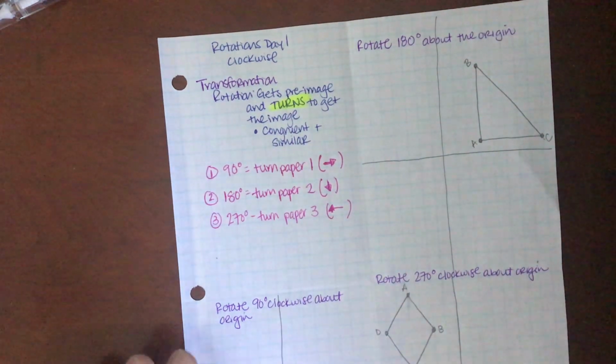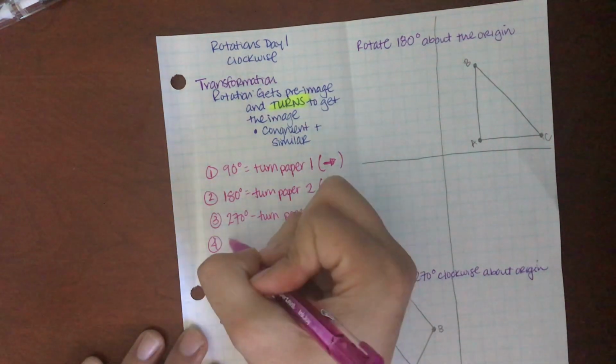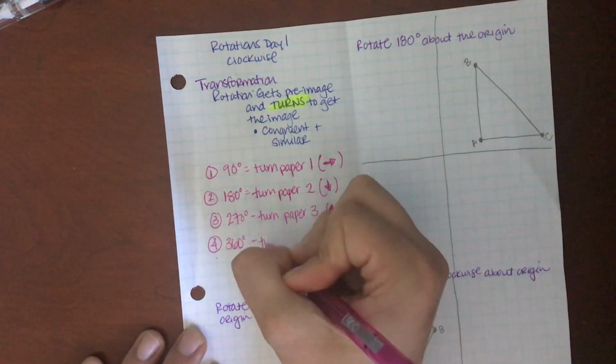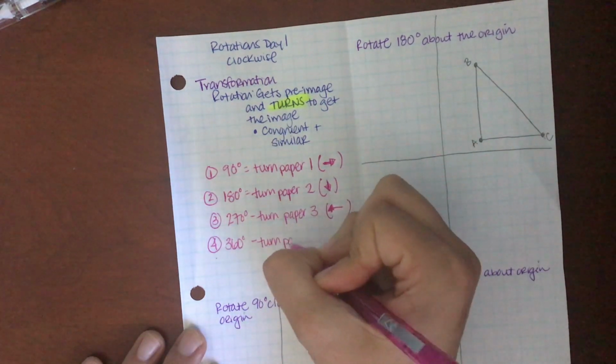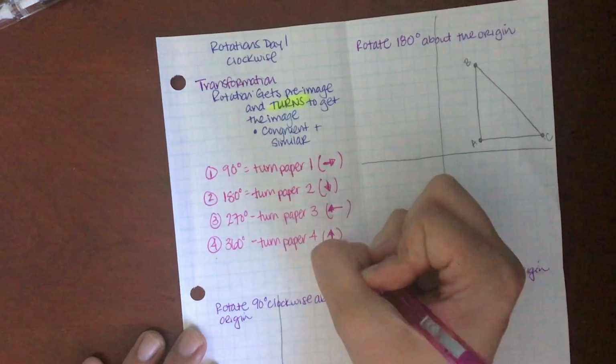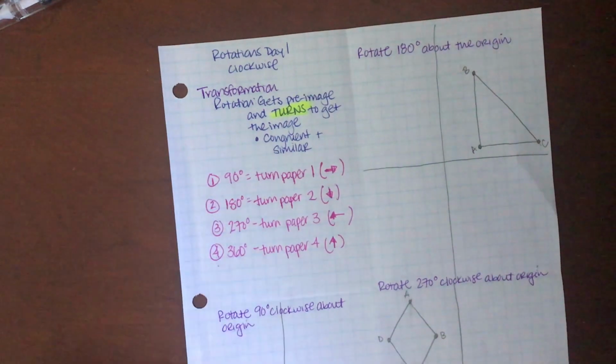I will explain all of that good stuff in a couple of minutes. Our final rotation is 360, where you turn your paper 4 times, which will be an arrow that looks like that. What I want you to do is pause this video and make sure you copy those notes onto your paper.